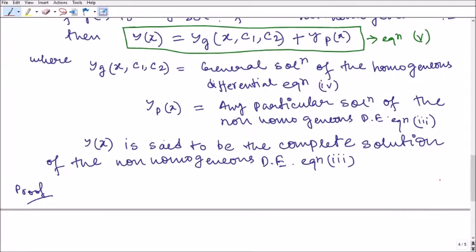So now we'll prove that this y of x is the complete solution of the non-homogeneous differential equation.